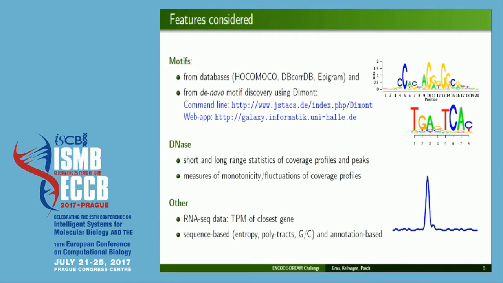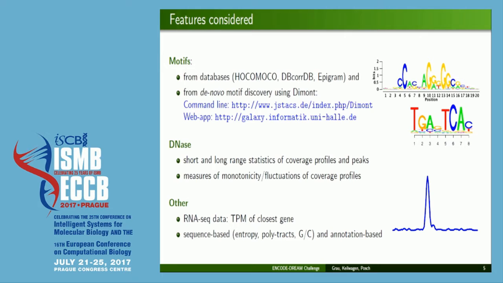So what we first thought about in approaching the challenge was what features we could use. And what might be quite obvious is that sequence motifs of the different transcription factors might be informative about binding regions that could be measured by ChIP-seq. And so we used motifs from different databases, the HOCOMOCO database, our own in-house database, dbCoRC, and also from Epigram, which represents something like histone modifications, or at least motifs that are indicative of histone modifications.